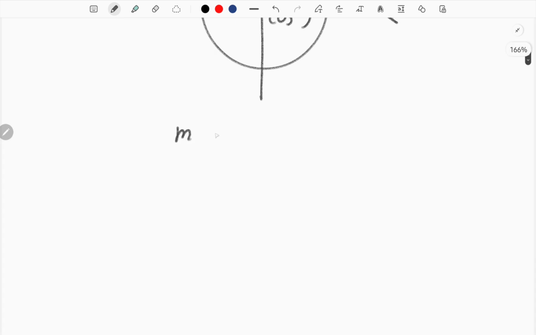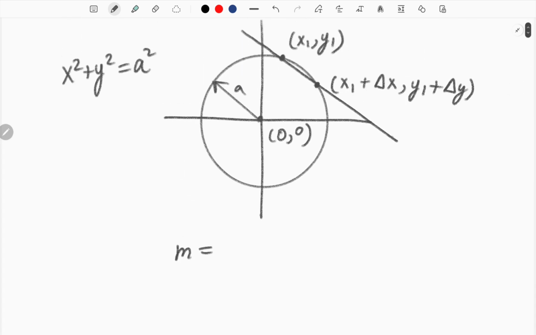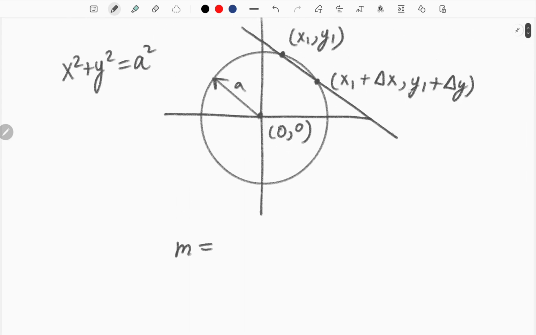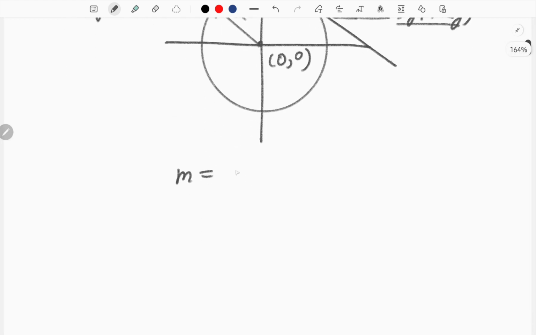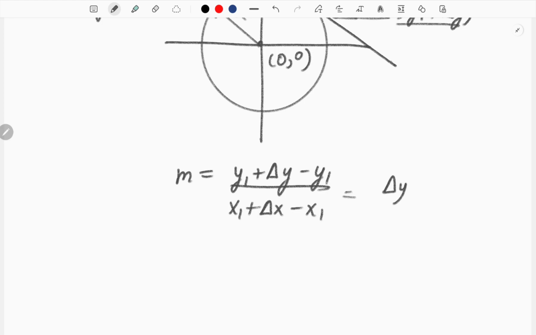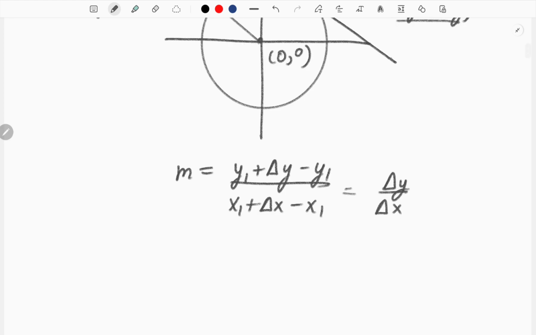Let's find the slope or gradient of this line. It would just be the difference in y coordinates divided by the difference in x coordinates. So difference in y coordinates is y1 plus delta y minus y1, and difference in x coordinates is x1 plus delta x minus x1, which results in delta y by delta x.